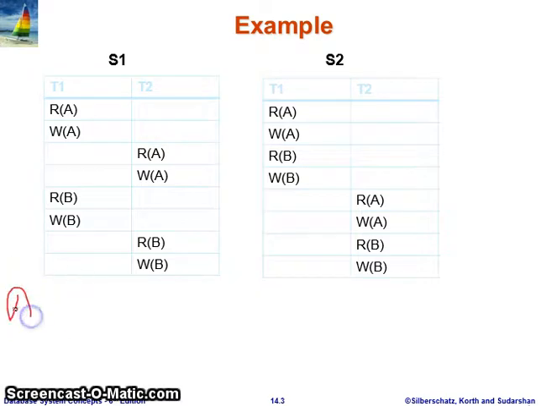For data item A, in schedule S1 and schedule S2, the first condition asks which transaction is reading the initial value of data item A. Here there are two read operations on data item A, and transaction T1 reads first, meaning the initial value is read by transaction T1.